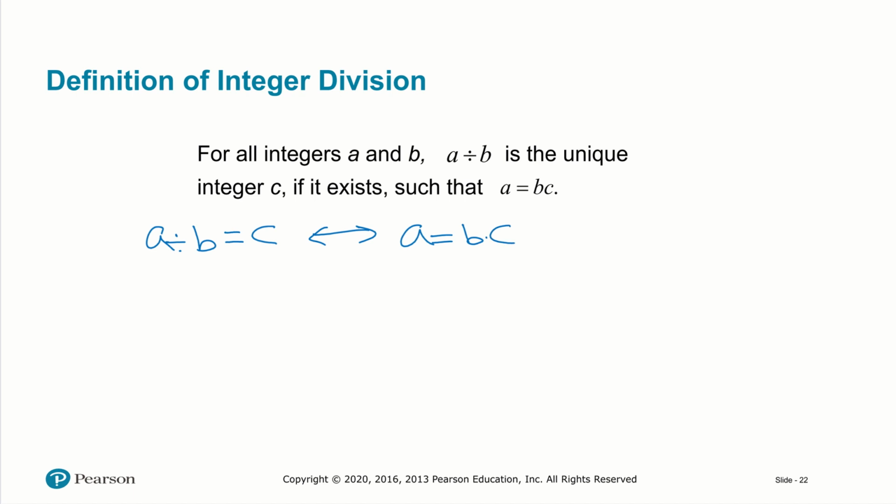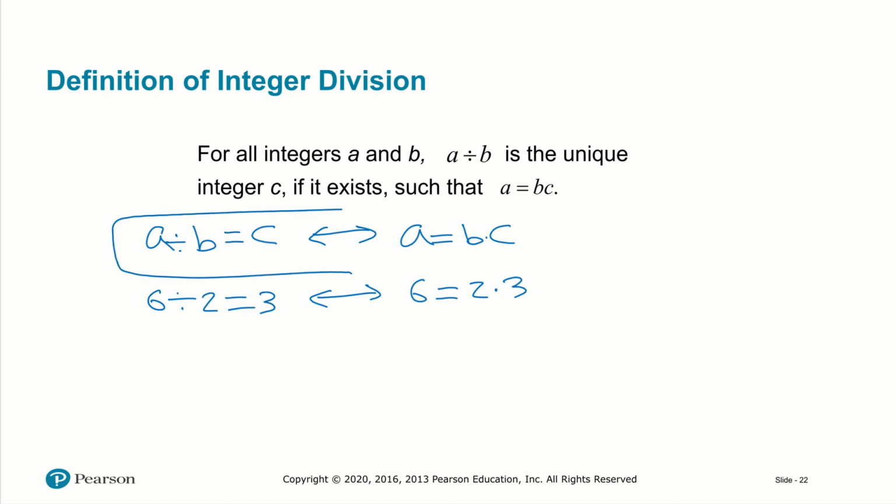Let's see if this makes sense. We know that 6 divided by 2 is 3. Notice that's the same thing as saying 6 equals 2 times 3. So this is how we define division in terms of multiplication. So remember this important relationship between division and multiplication as we proceed.